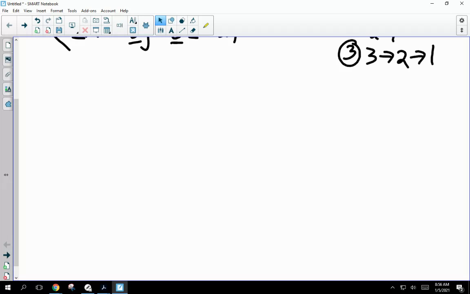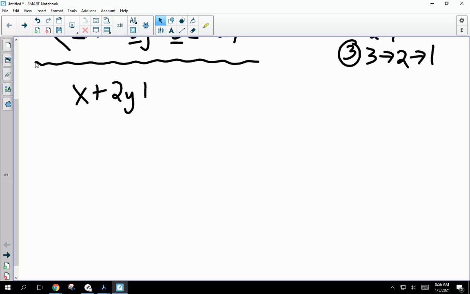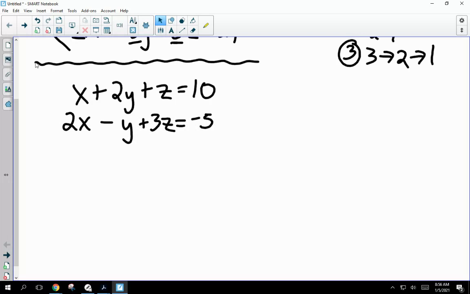My first equation is going to be, I'm going to do a little squiggly line here, x plus 2y plus z equals 10. And my second equation, which I'm also going to use, is 2x minus y plus 3z equals -5.